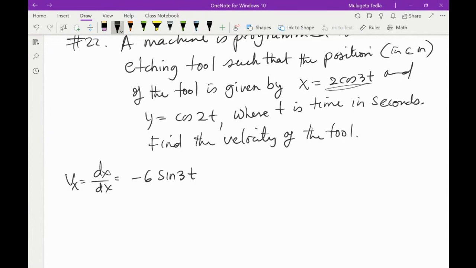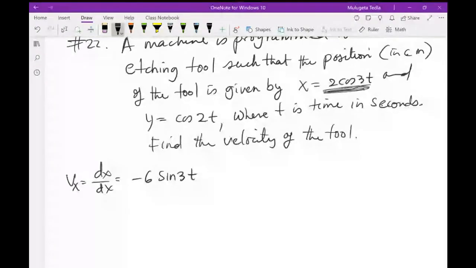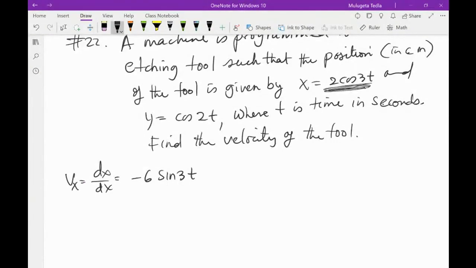The derivative of x is minus sine of 3t times the derivative of 3t, which is 3, right? All right. So we can even find the value when t equal to what? Did they give us time?